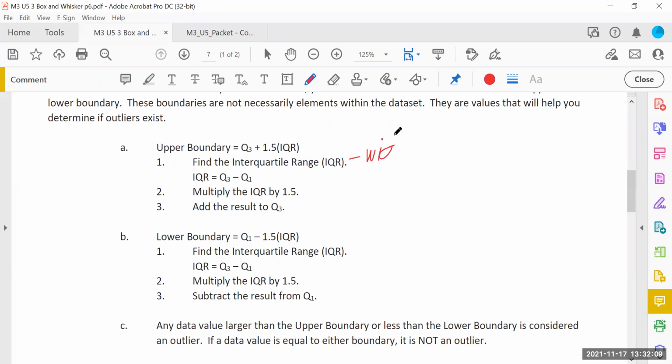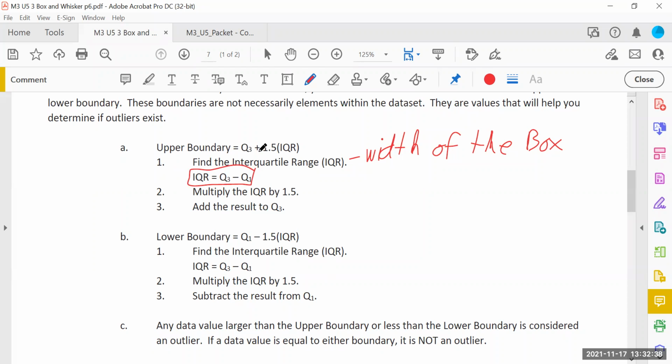Width of the box, which the formula for that is Q3 minus Q1. So again, this is the formula for finding the IQR, Q3 minus Q1.